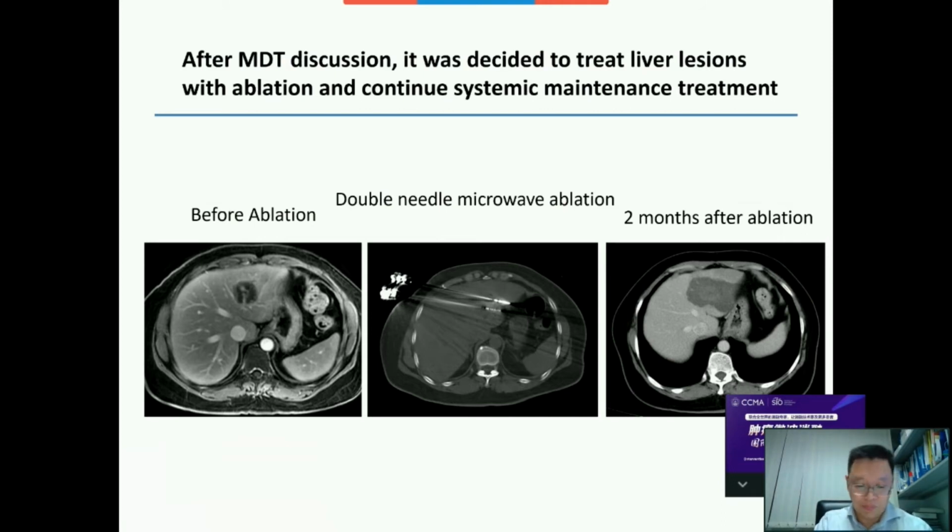After discussion with MDT, it is believed that the biggest threat to the patient's survival is still the rapid progress of liver metastasis, which can be treated on the basis of maintenance chemotherapy. For the liver lesions, a double needle microwave ablation technique was used to achieve complete destruction.